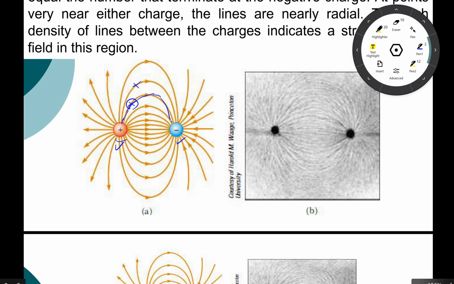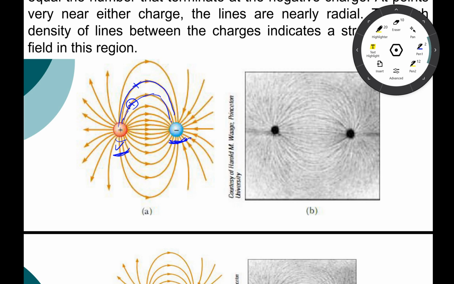If I put it here, it will move in this direction, and so on. As you see, the lines always start from the positive charge and end at the negative charge. Also, there is no intersection, no crossing between any lines.